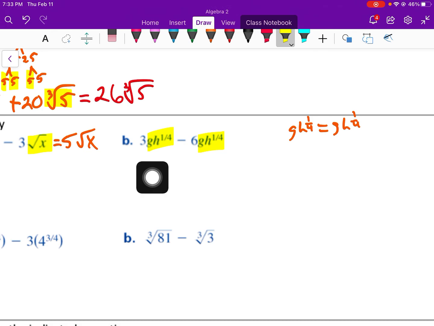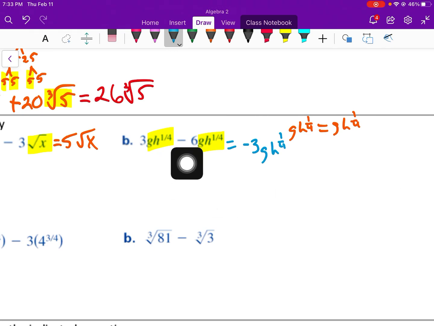So now we can subtract the coefficients. So when we do 3 minus 6, or 3 times gh to the 4th minus 6 times gh to the 4th, we will get negative 3 gh to the 4th.